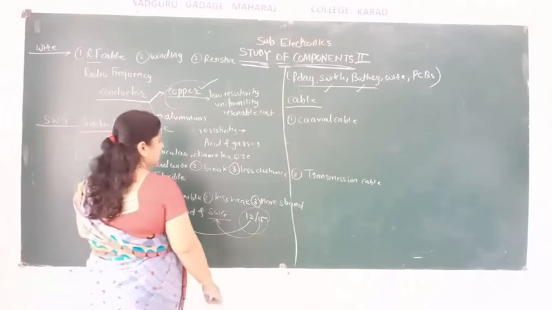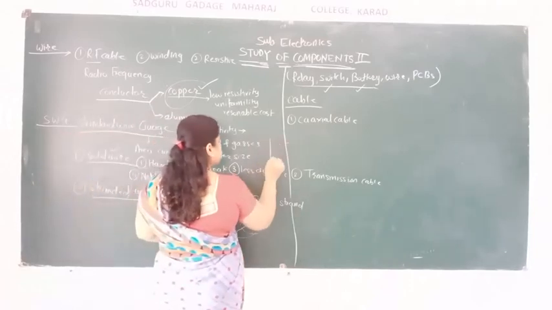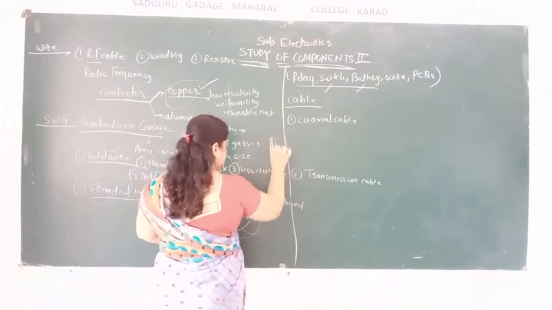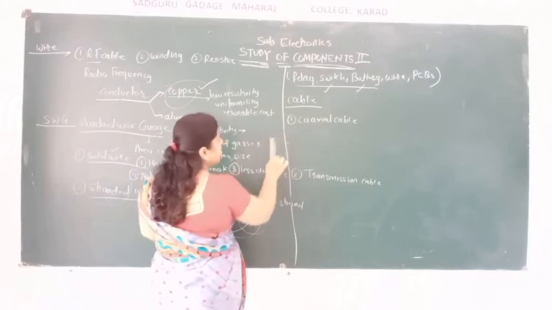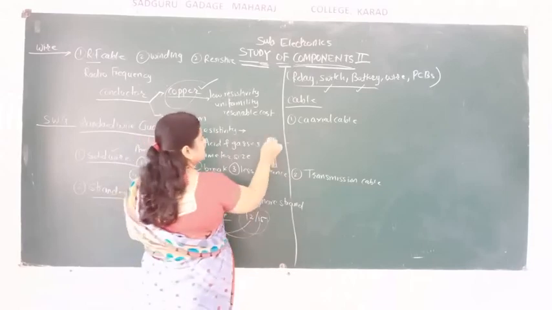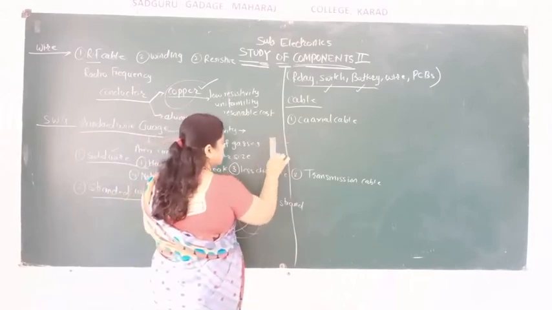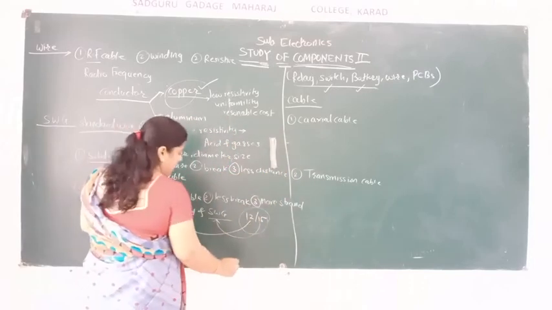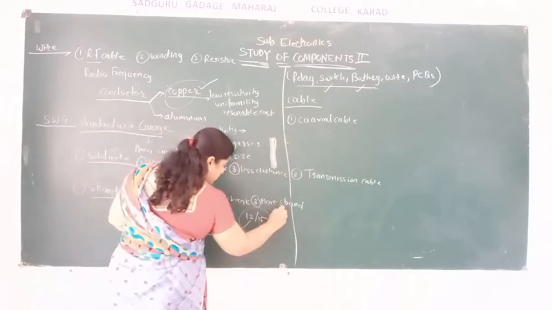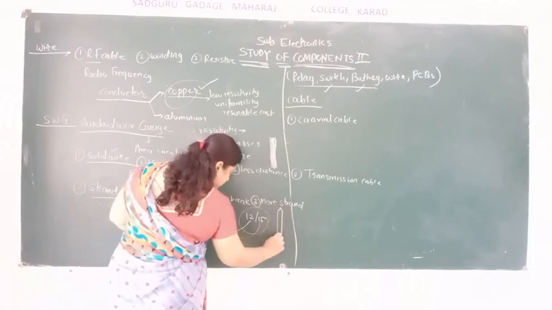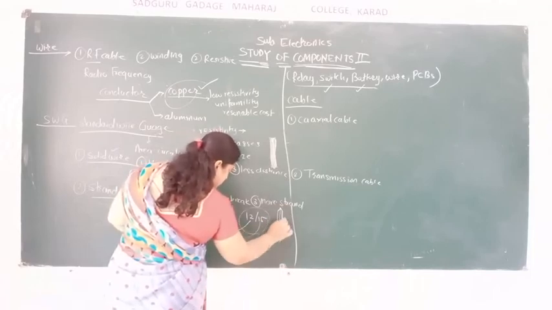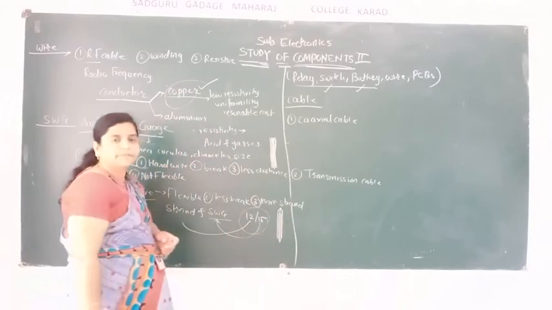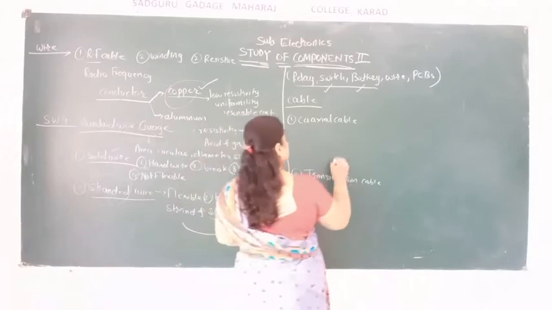If you want to draw the solid wire diagram, you can draw it like this. You can draw it yourself also. This is the solid wire. Then the stranded wire you can draw like this, something different from the solid wire. Coaxial cable means what?